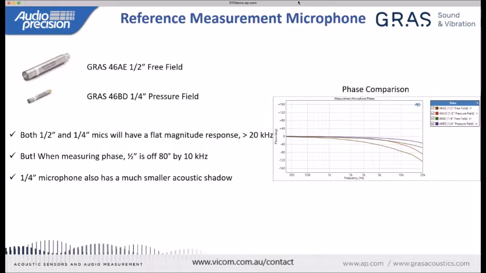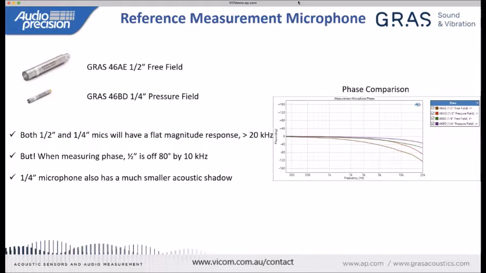Number one, the phase response of a measurement microphone is something that's often overlooked because we're typically looking at the magnitude response. But the phase response of a measurement microphone, even a quarter-inch microphone, is not perfectly flat to 20 kilohertz.